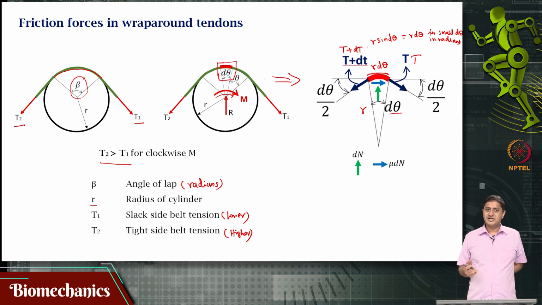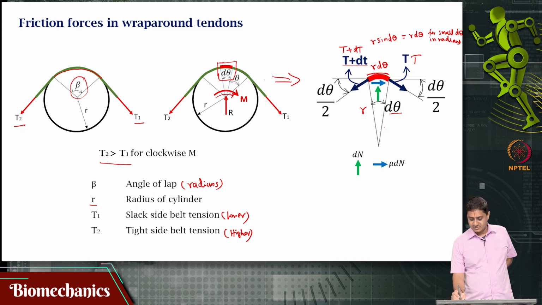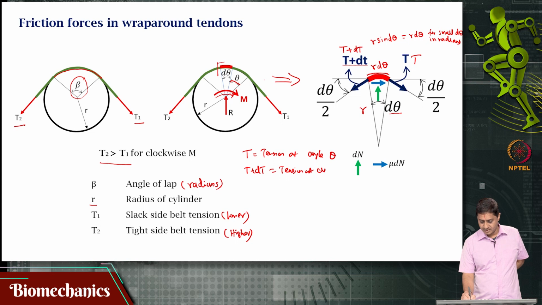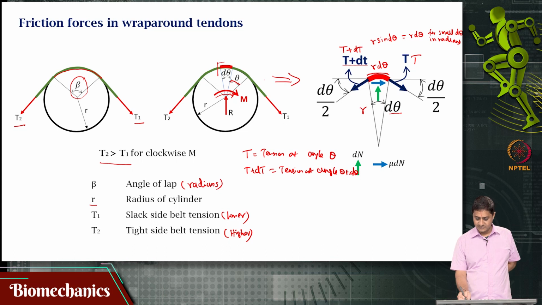As I mentioned, remember that the angle has been marked to be theta. So, tension T is the tension at angle theta, T plus dT is the tension at angle theta plus d theta. Okay. That is the tension at that point after d theta.